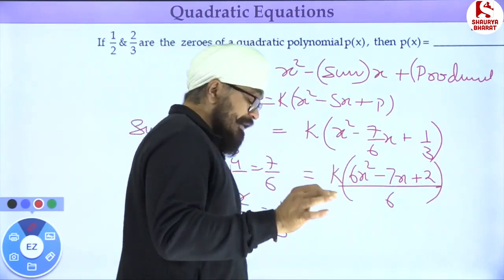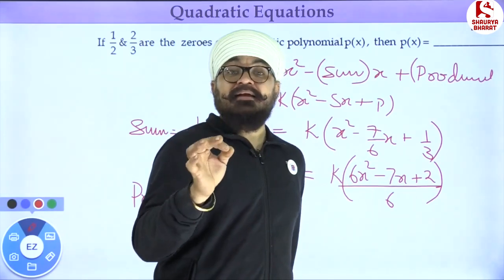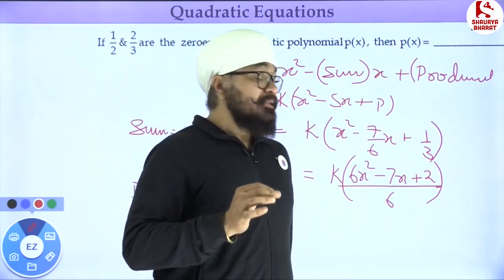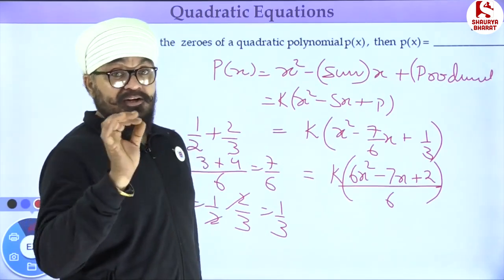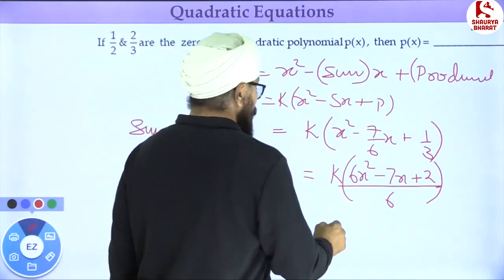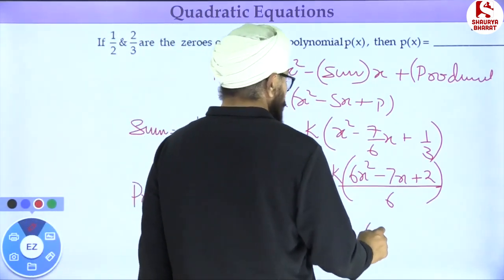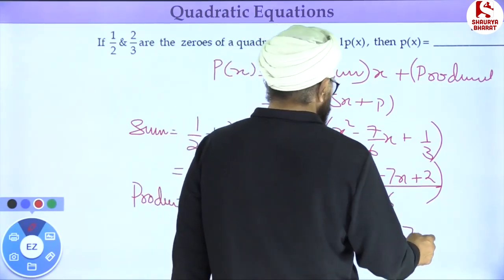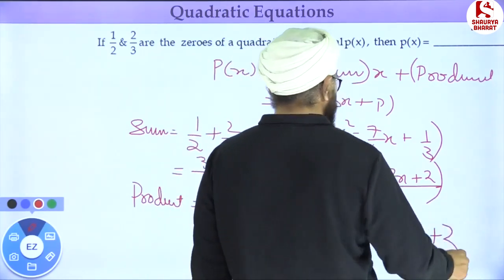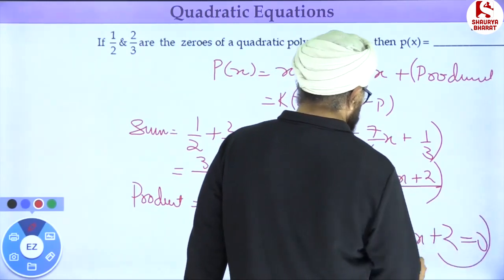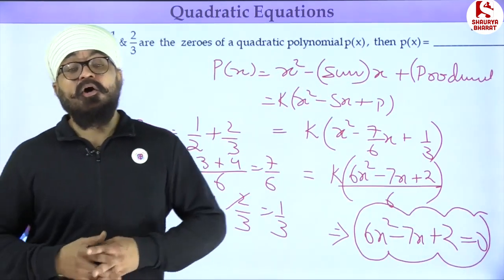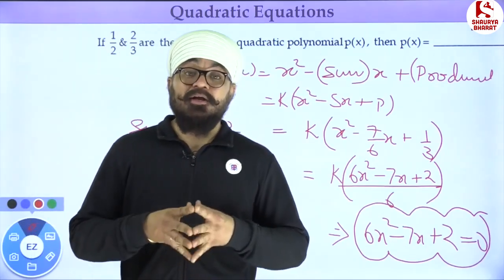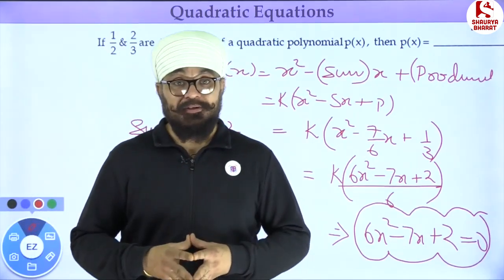Now if I make this a quadratic equation, or a polynomial, then we have to take the value of k as 6 so that the denominator will get cancelled. So finally we can say that the polynomial is 6x square minus 7x plus 2. If I say that it is an equation, I will put it equal to 0. Clear? So this is how we construct or form a quadratic equation or quadratic polynomial.